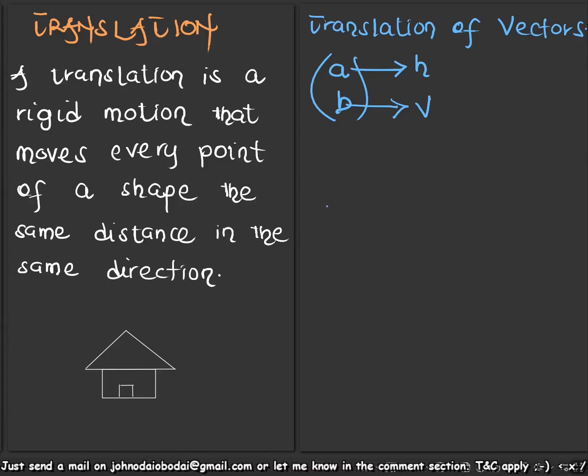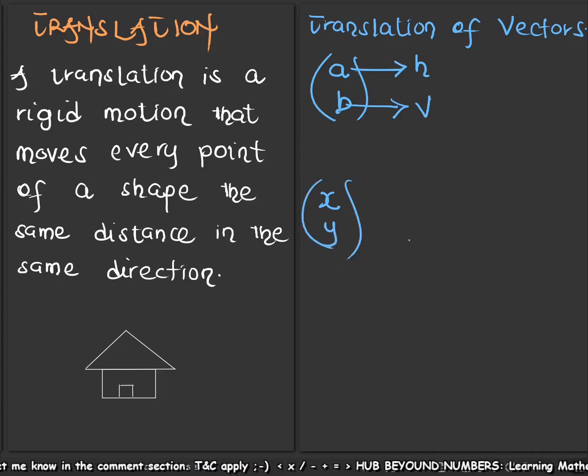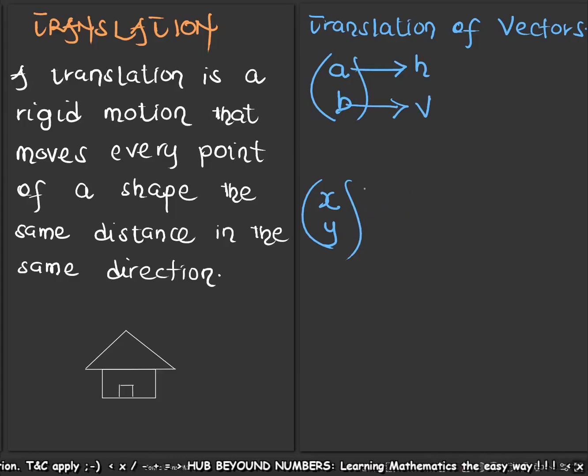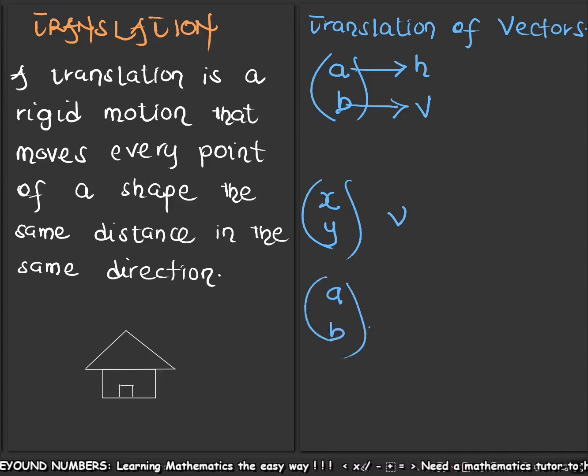So let's say we have a point with coordinates (x, y), and we want to translate it. Let me just write it this way. We have this as our point, and then we have (a, b) as our translation vector.